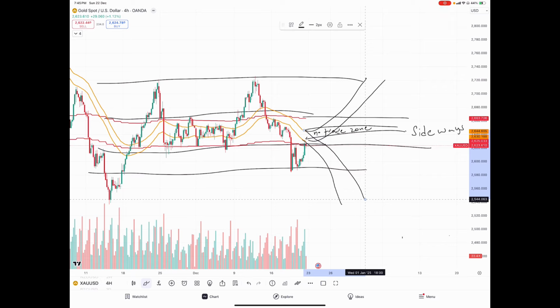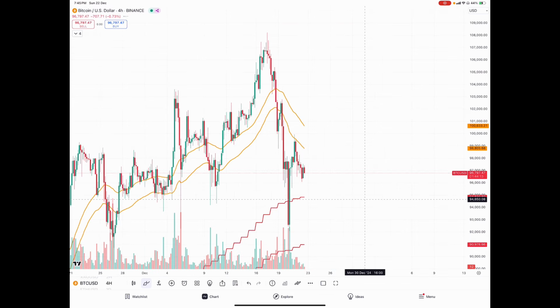So this indicator works on every financial instrument. This is the world's most effective indicator. Like I told you, it will work on Bitcoin.